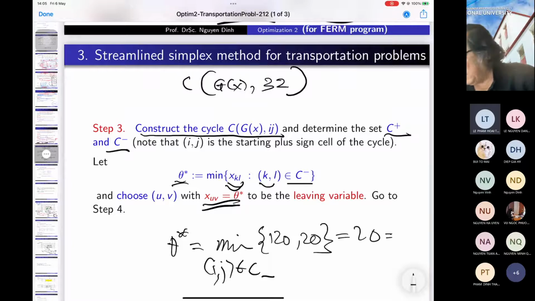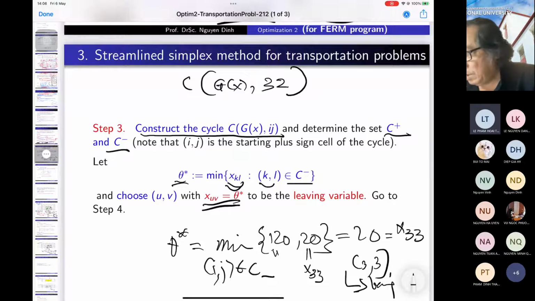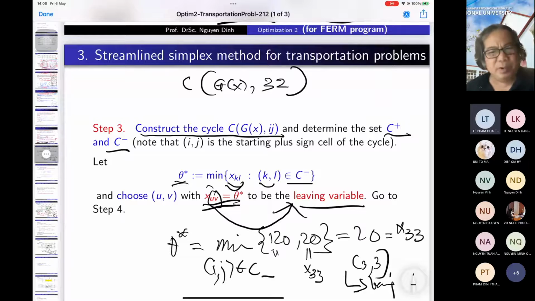In the example, I don't remember exactly, but this is X33. It is equal to X33, and then 33 is the leaving variable, the leaving cell. Then we go to step 4.